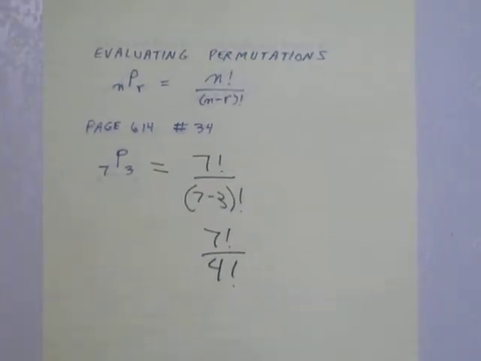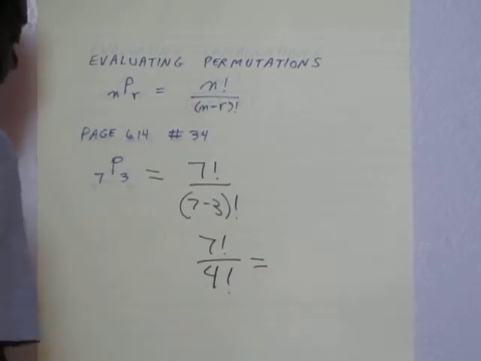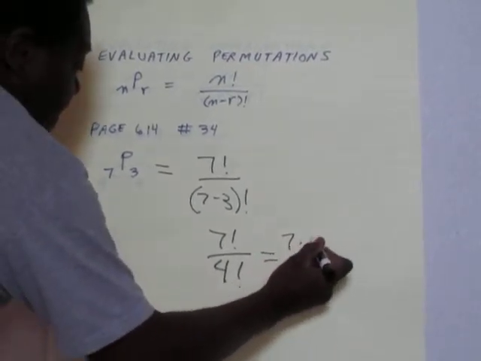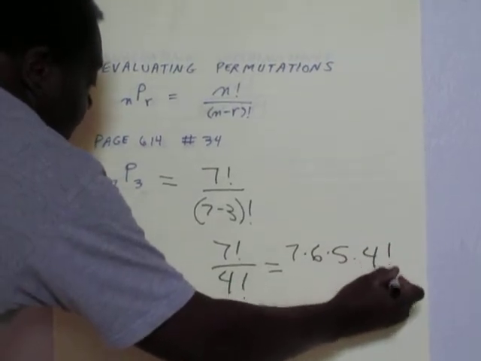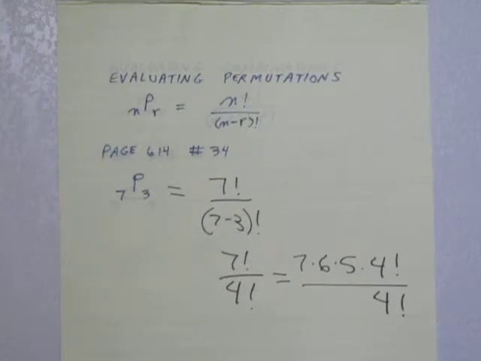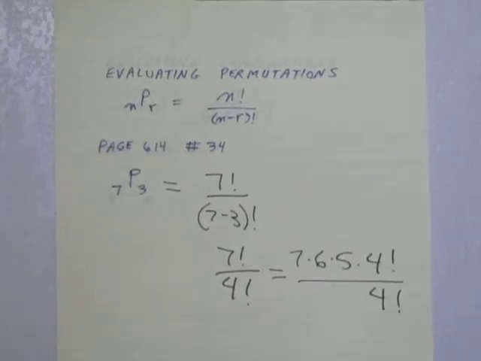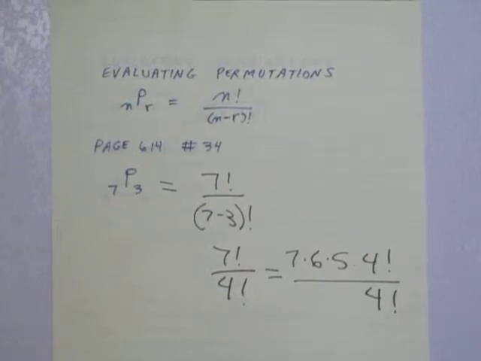Now, with what we did in the last problem, we know a lot of things are going to cancel out. This is 7 times 6 times 5 times 4 factorial over 4 factorial. And you notice 4 factorials, 4, 3, 2, 1, all cancel out.